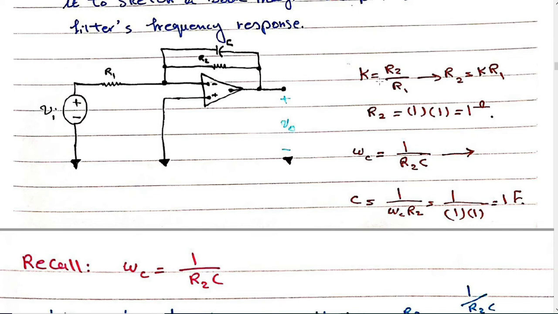And what is the cutoff frequency for this circuit? We just calculated it. It is 1 over R2C. We don't have the value for R2 or for C, but we have the value for the gain. So R2 is K times R1. K is 1, R1 is 1, so R2 will be 1 ohm.